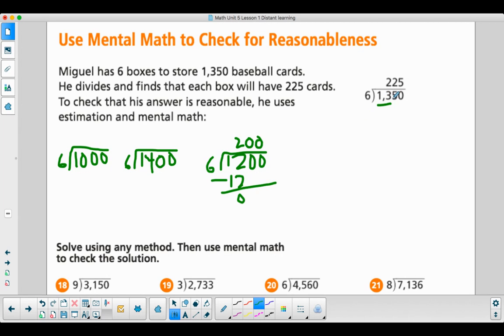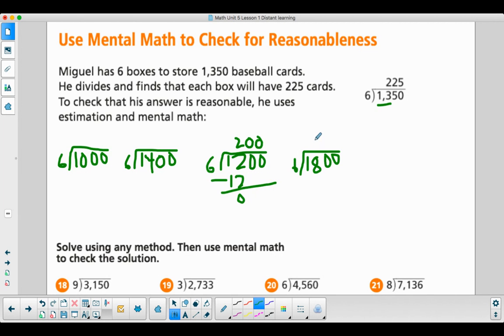Now, the next thing I'm going to use is the multiple greater than 13. The next multiple of 6 is 18. So I'm going to think of 1,350 as 1,800 divided by 6.